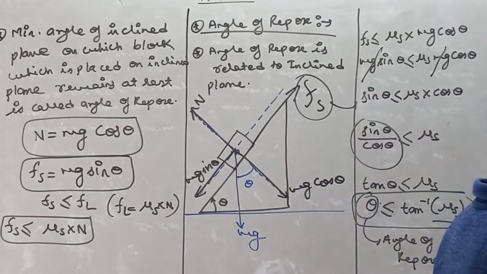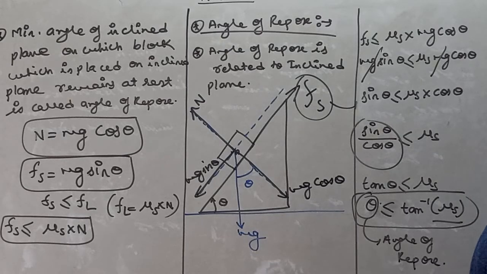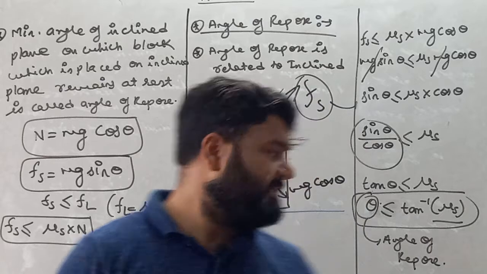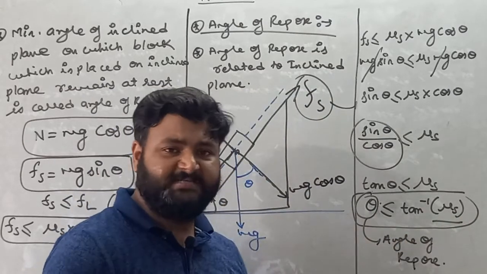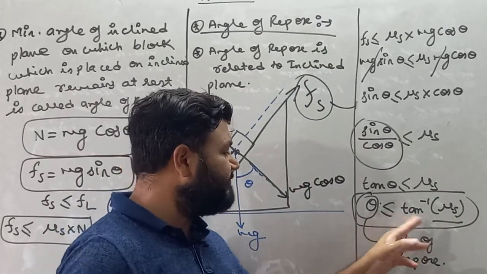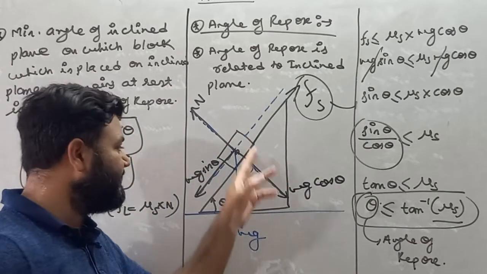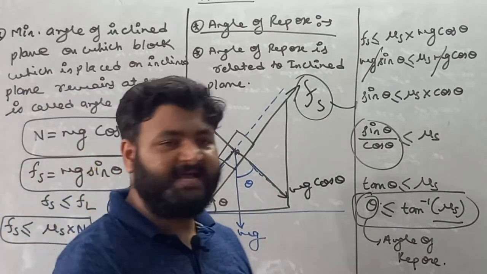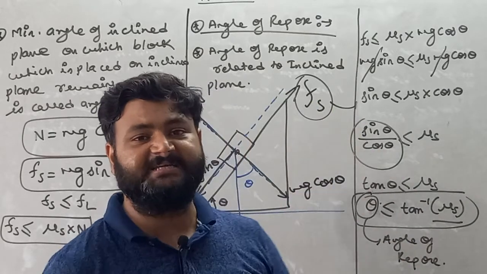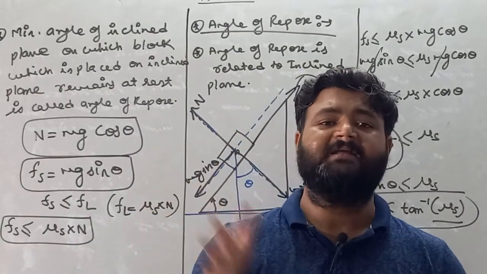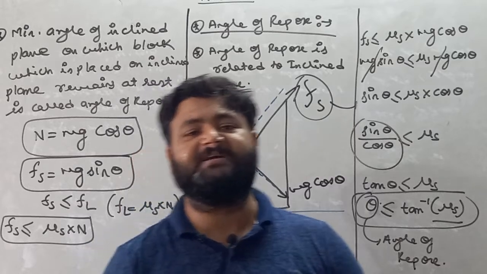In the next class we'll discuss another topic, and that topic is basically if theta is greater than tan inverse mu s. So if theta becomes greater than tan inverse mu s, then the body starts performing motion, the body comes down. In that case the nature of friction changes. If the body is in motion, then we know that the nature of friction is kinetic.